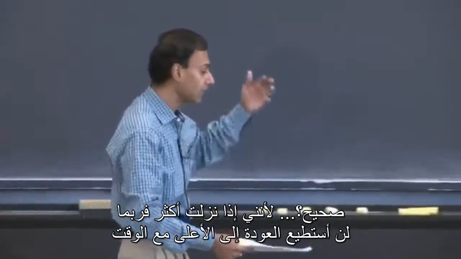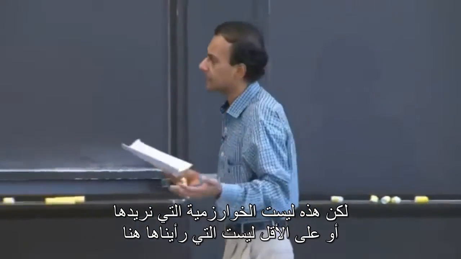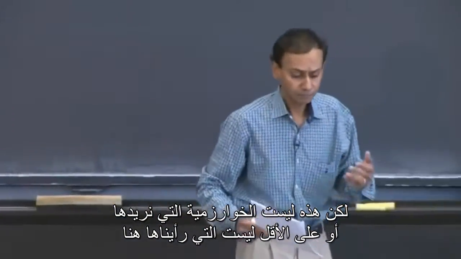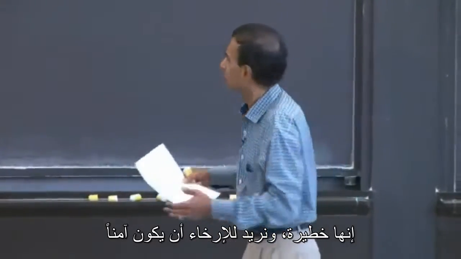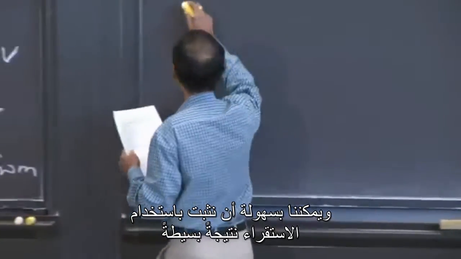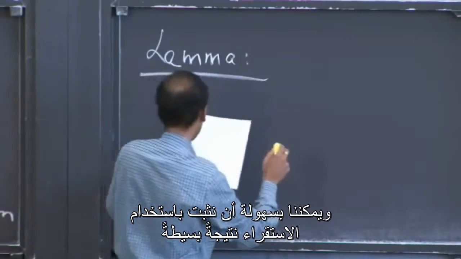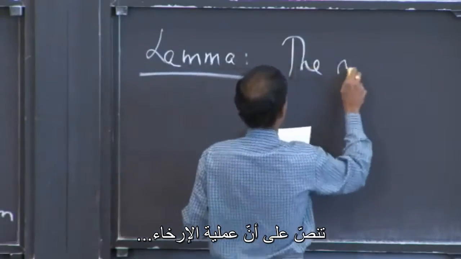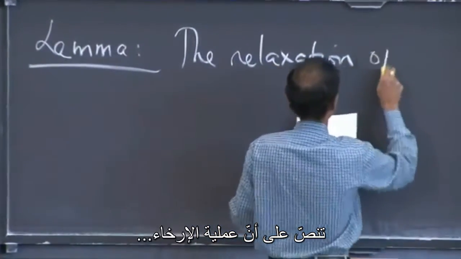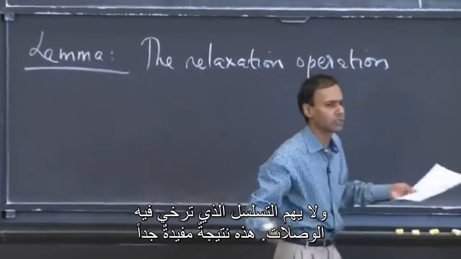Because if I get below, then you're talking about potentially you may be able to get back up, but that is not the kind of algorithm that we want, at least the algorithms we look at here, and it's dangerous. So we want relaxation to be safe, and we can fairly easily prove a simple lemma using induction that says that the relaxation operation, and it doesn't matter what sequence you relax things.